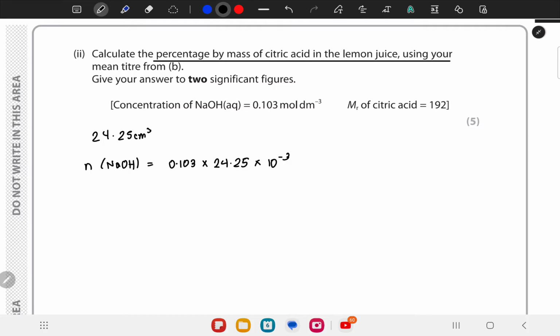We have to convert the volume into dm cubes, multiply by 10 to the power minus 3. If we calculate this, we'll get a value of 2.49775 times 10 to the power minus 3 mole.